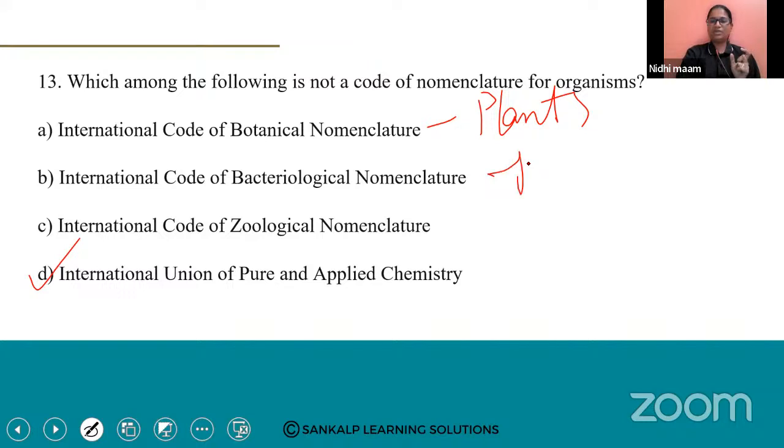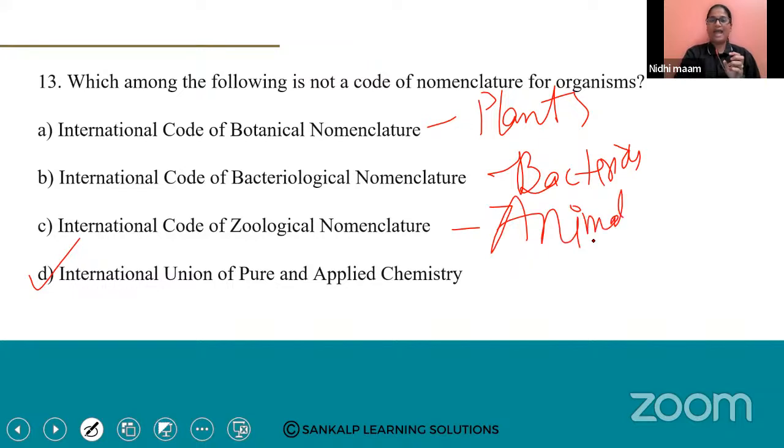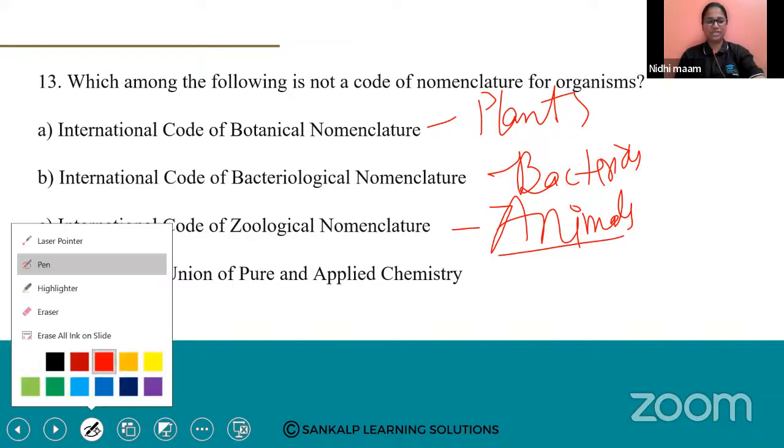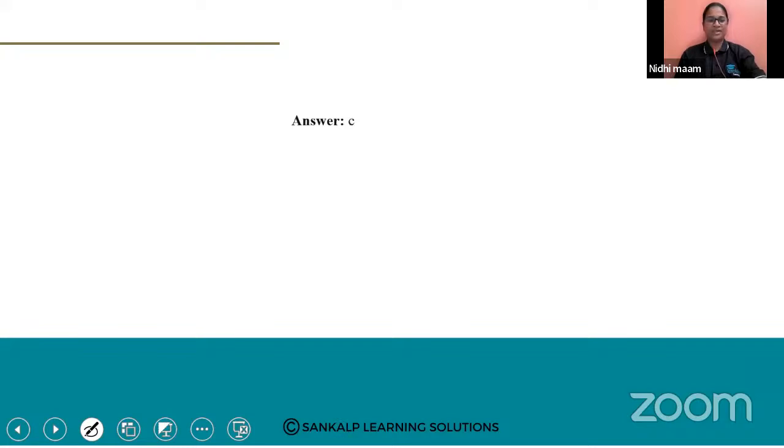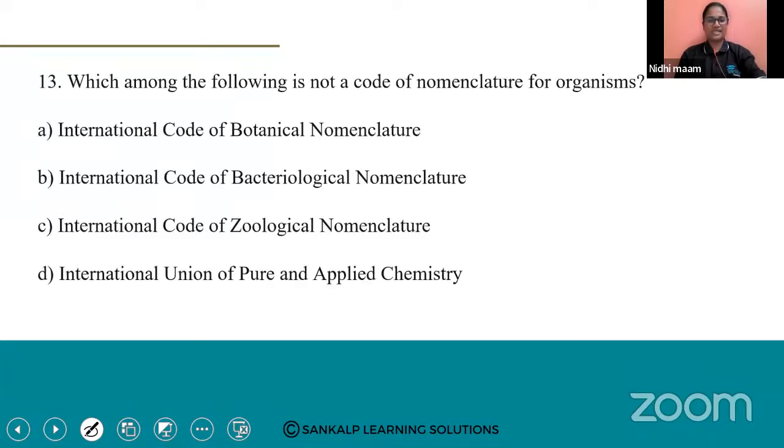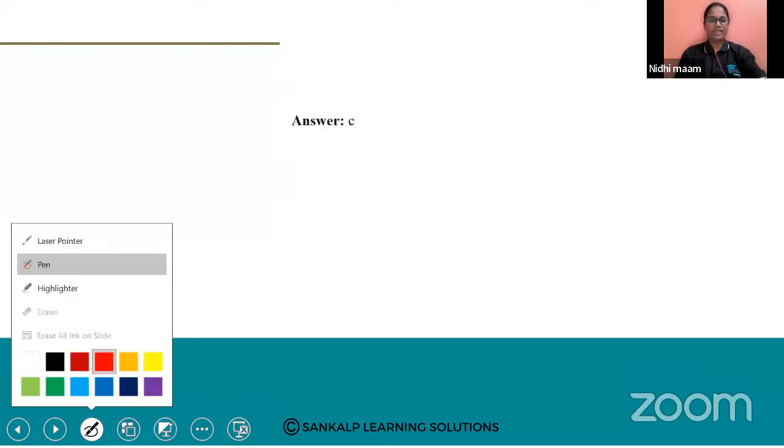Bacteriological nomenclature will give names for bacteria, microorganisms. The International Code for Zoological Nomenclature will give names for animals. So option D, International Union of Pure and Applied Chemistry, is the right answer. Next question.